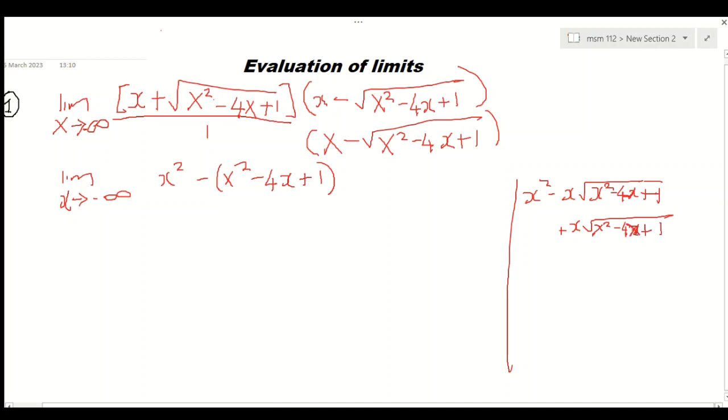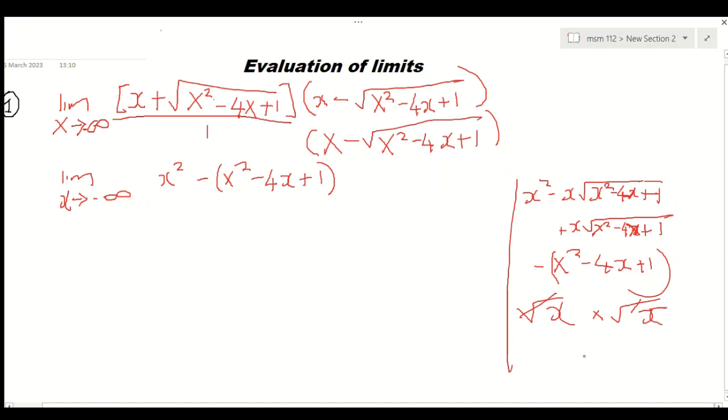When you multiply this by that, it will be negative x squared minus 4x plus 1 in brackets, because when you multiply a root and another root with the same radicand, they just cancel themselves.